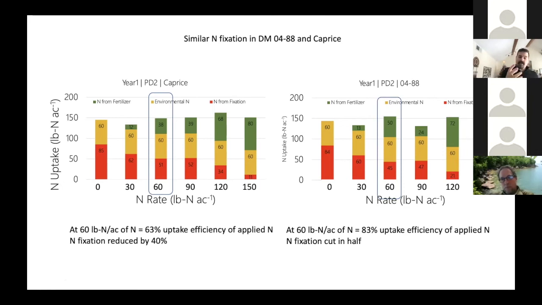But if it's still fixing a lot of nitrogen, then the nitrogen that we're applying isn't going to be taken up. So in the end, we're seeing 63 to 83% uptake efficiency. So for these high yielding nodulating varieties, even a little bit of nitrogen, we can be really efficient with it. Is the take home message there.